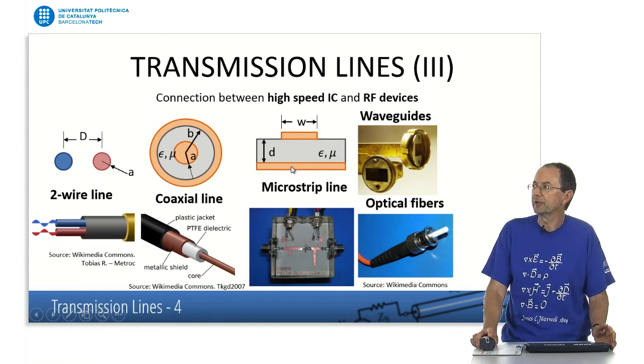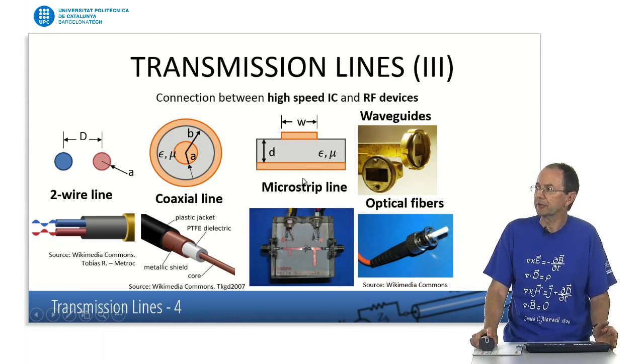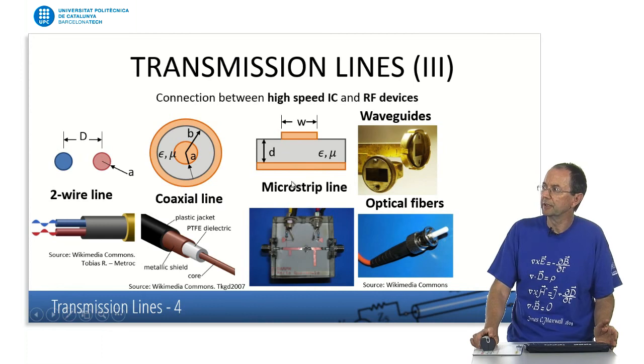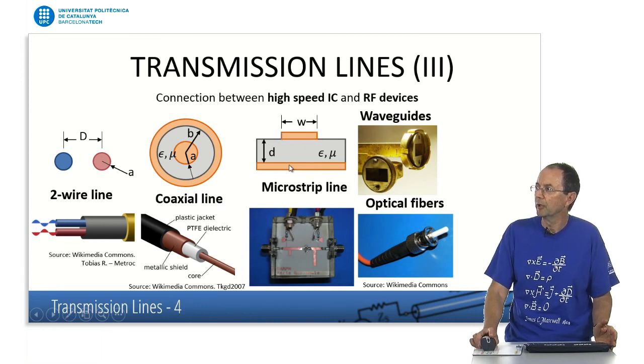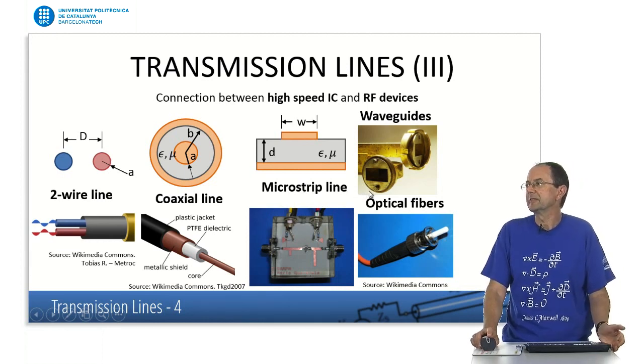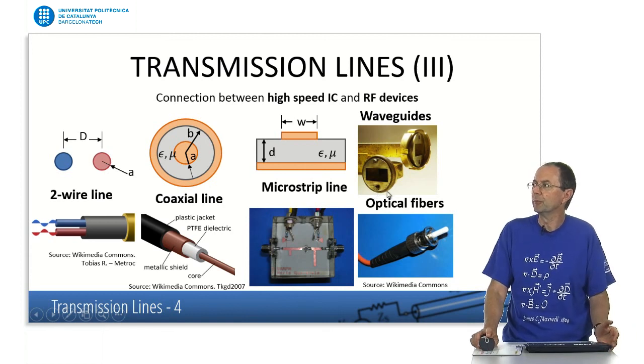Another example is the microstrip line here in the center of the slide. What you see here is a strip which is separated from a ground plane by a dielectric layer in the middle. This is heavily used in radio frequency circuitry, as we will see in microwave circuits. There are also some particular examples of transmission lines which involve only either conductors or dielectrics.